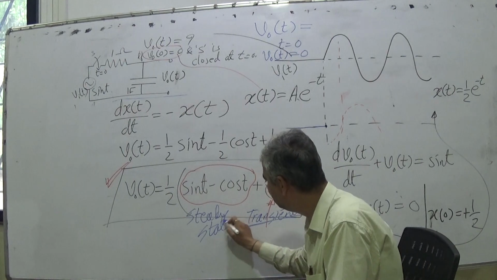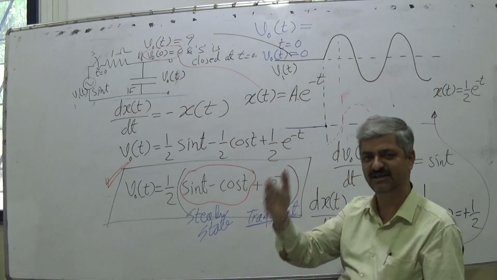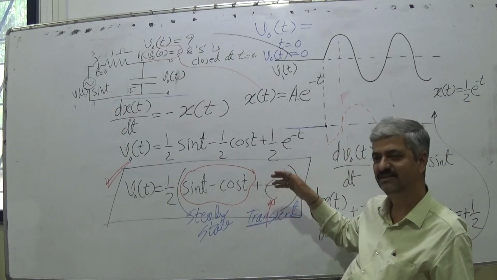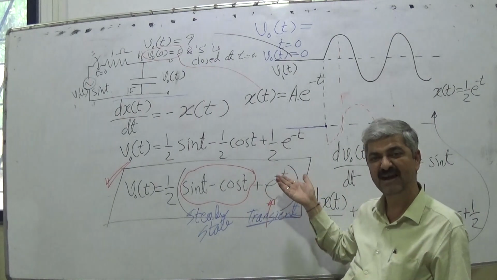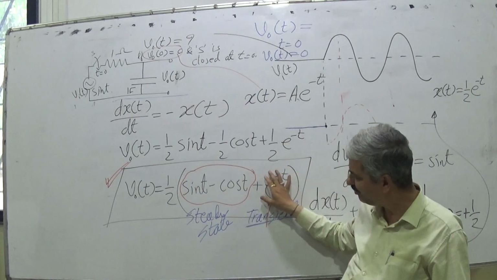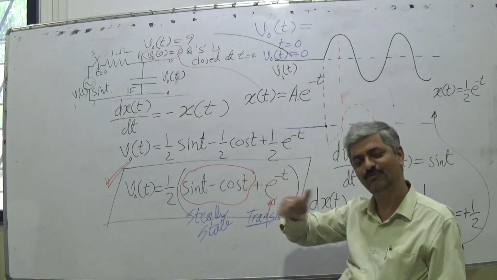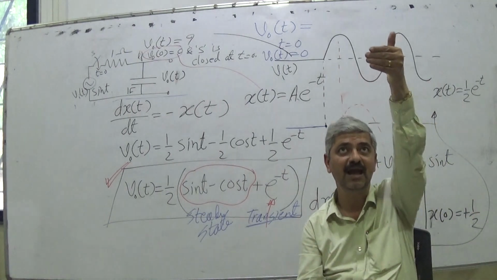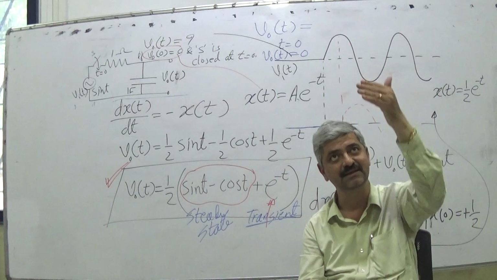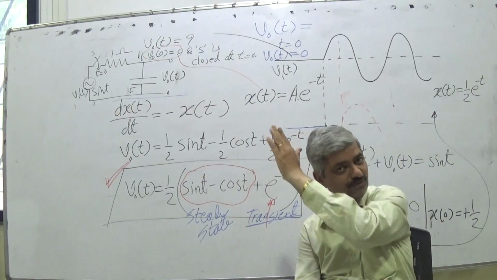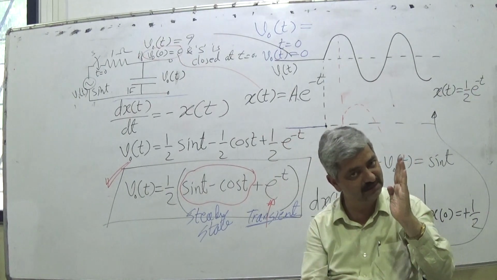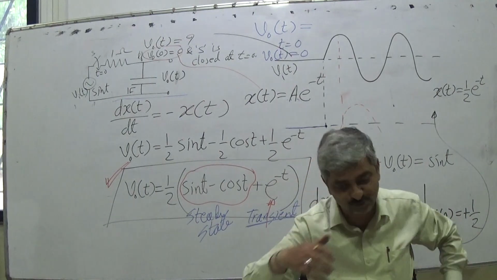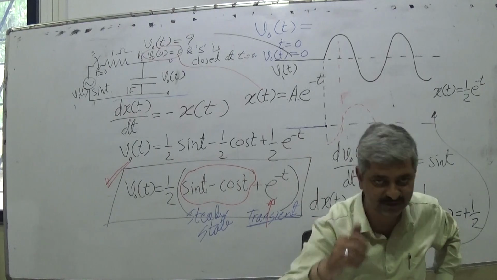After a sufficient amount of time, the transient dies down, e raised to minus 20, minus 100 is almost 0, and it is oscillating. If you plot V_in(t) and V_o(t), V_in(t) is a sinusoid from 0 onwards. V_o(t) is initially not a sinusoid, but becomes as good as a sinusoid as time proceeds.